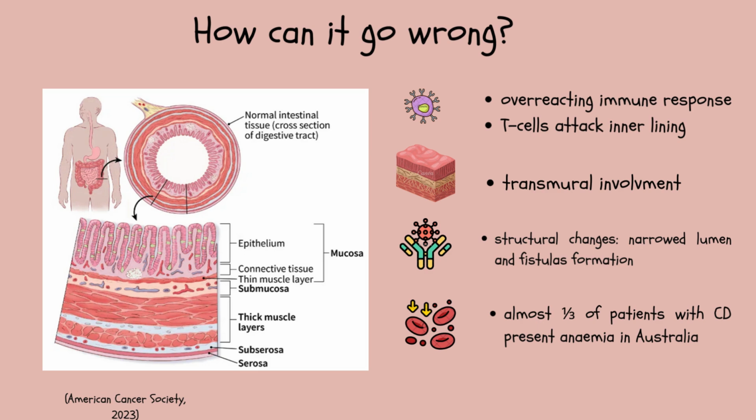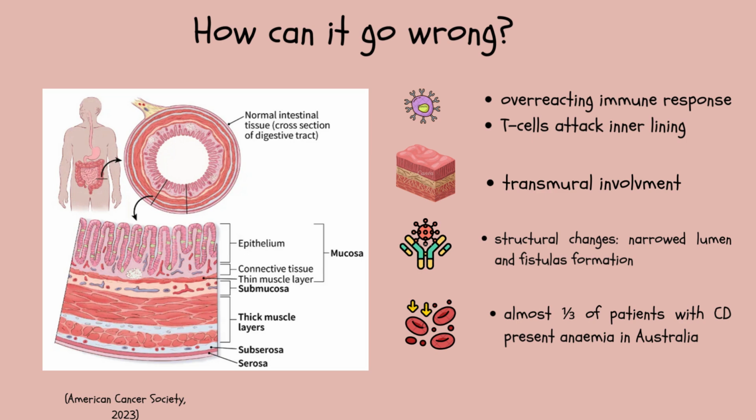The submucosa contains a network of capillaries where absorbed nutrients are directed into the hepatic portal circulation for transportation to the liver. This layer also houses large nerve endings known as the submucosal plexus, which is part of the enteric nervous system, helping to regulate digestive processes.